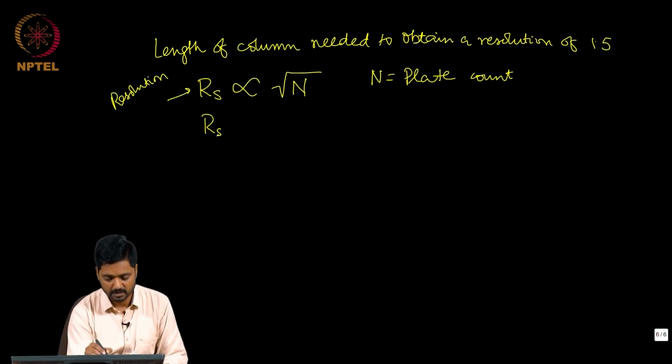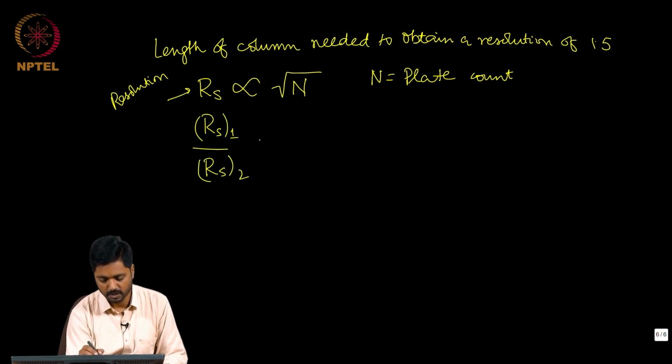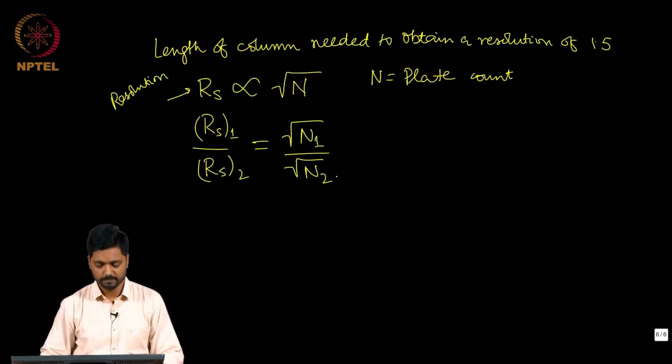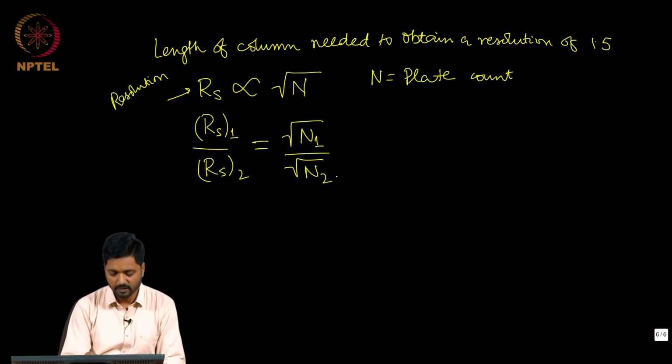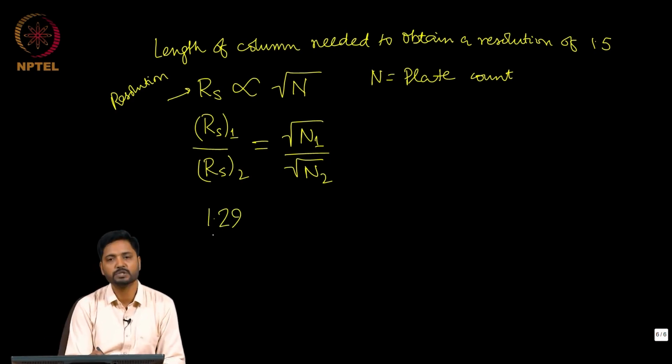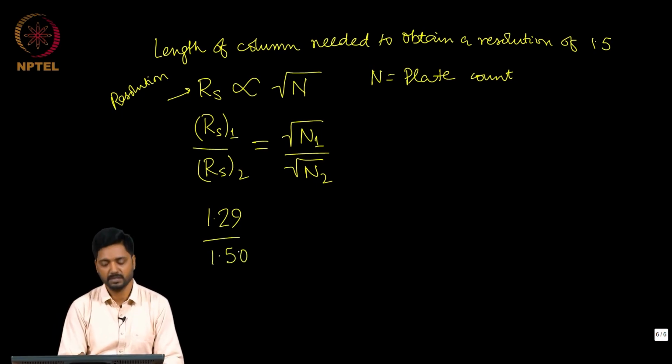So, we can rewrite this as resolution 1 by resolution 2 is equal to square root of N1 by square root of N2, where RS1 is the resolution that we currently have, which is 1.29, and RS2 is the resolution that we are seeking, which is 1.50.